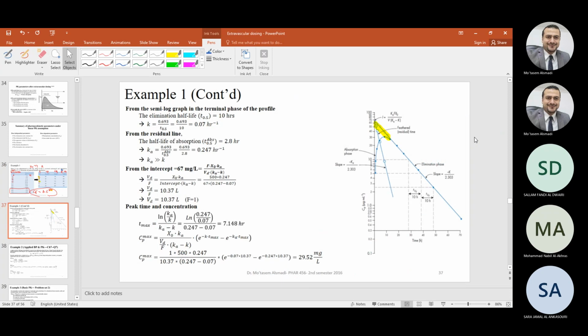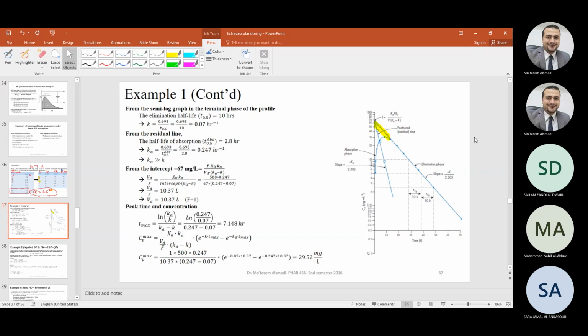Which means you try to get the value of the, you remember how to get the half-life, right? The half-life definition is what? It's the time needed for the concentration to go to half its value, right? For example, if I look at the elimination phase here, I look at the time needed for the drug concentration to drop from 10 to 5.